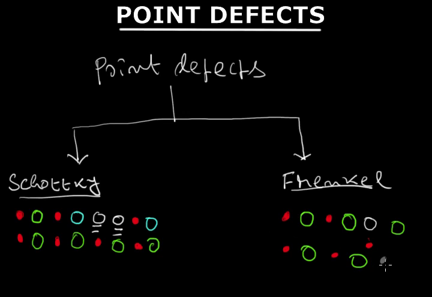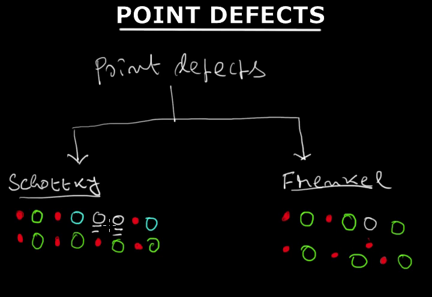There will be a cation, and then there will be an anion. So, one cation from its original position move towards interstitial position, and the defect arise is called Frenkel defect.